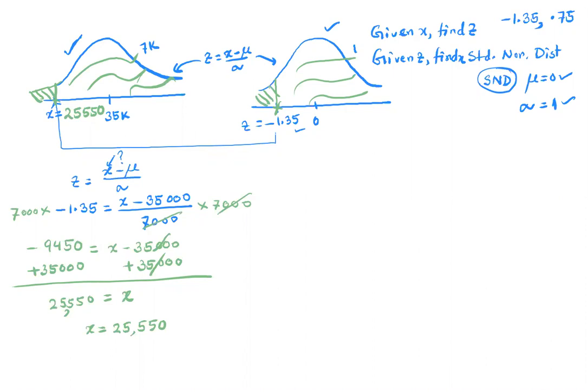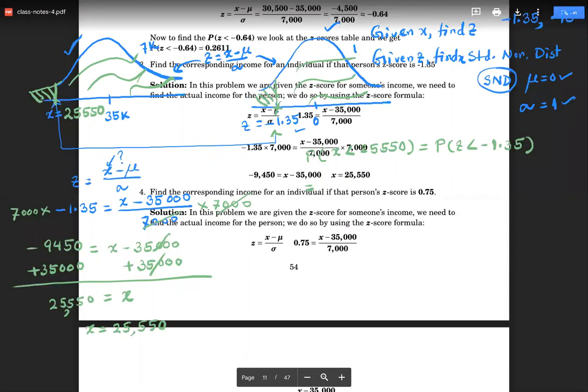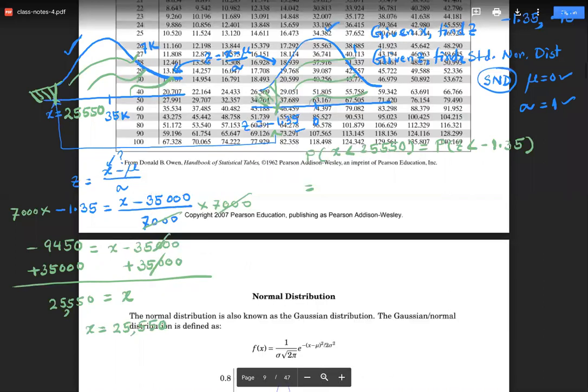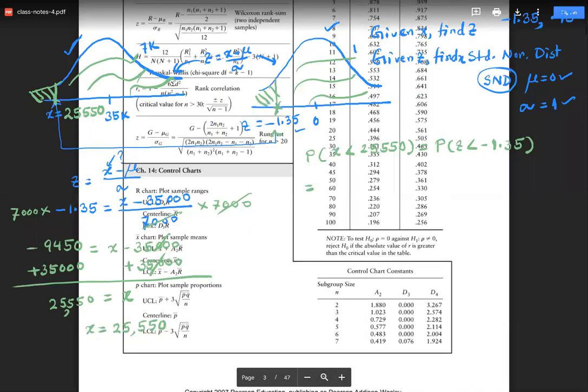Now, if I were to ask you, find the probability that a randomly selected person makes less than $25,550, you can easily find it. That point translates to here, the probability of Z less than negative 1.35, right? Now we can go ahead and find the Z value for negative 1.35.